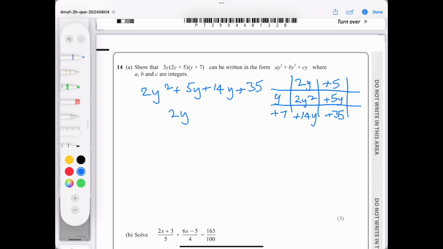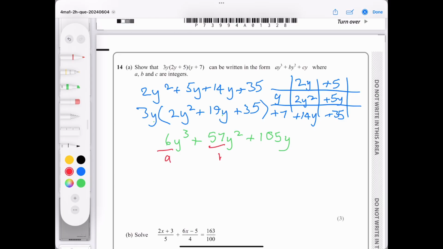So that's 2y squared plus 19y plus 35. And now let's times all of that by 3y. And we get 6y cubed plus 3 times 19 is going to be 57y squared plus 105y. And that is A, B, and C.